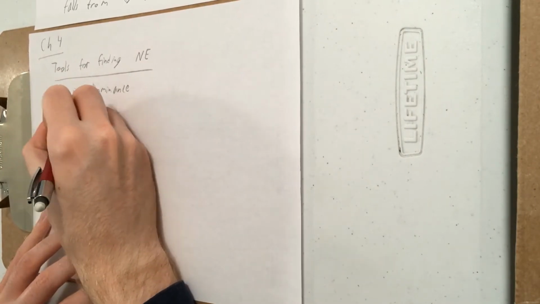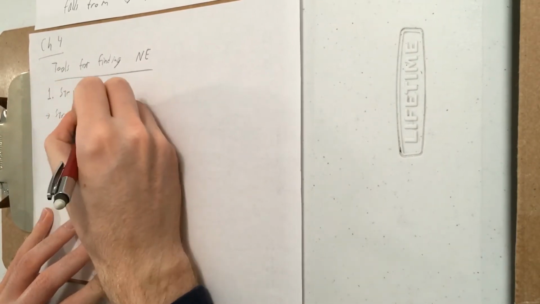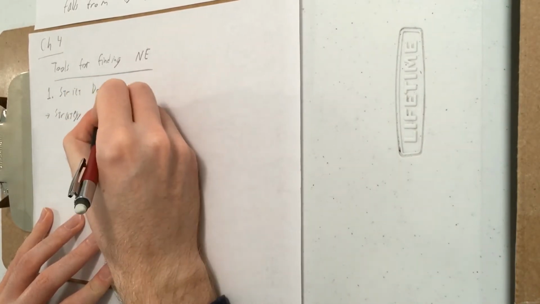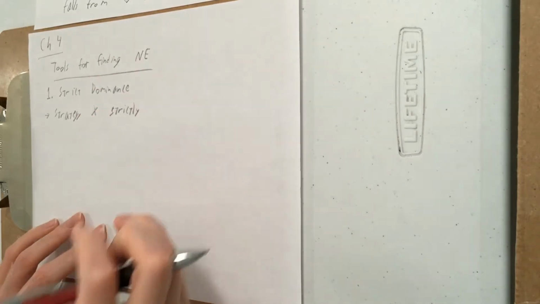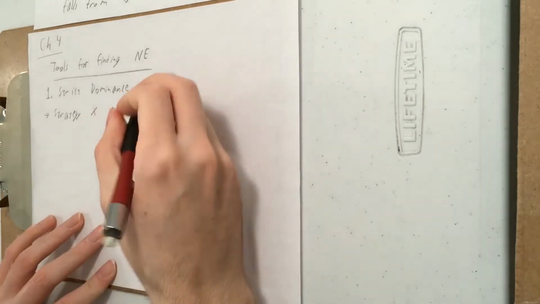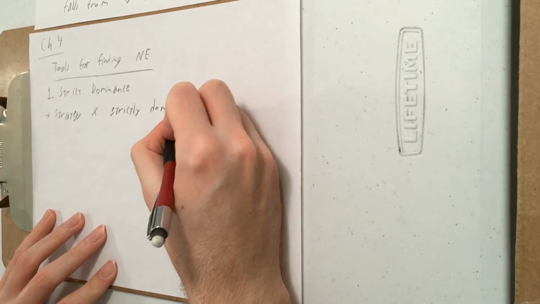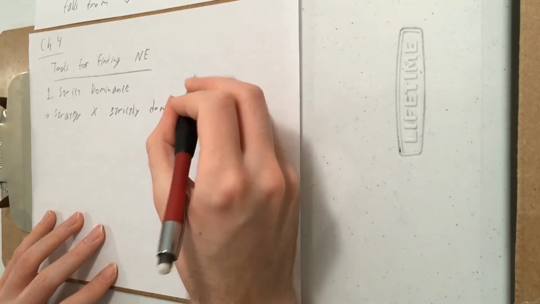So we say that strategy X strictly dominates strategy Y if it always gives a higher payoff regardless of what everyone else does.